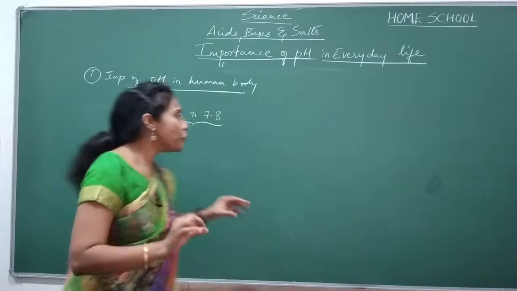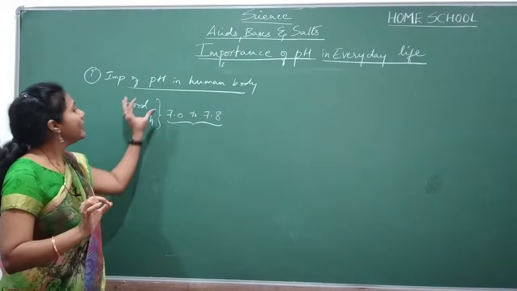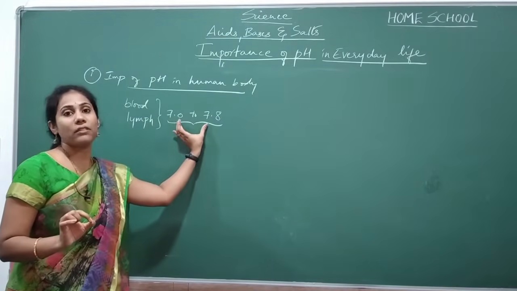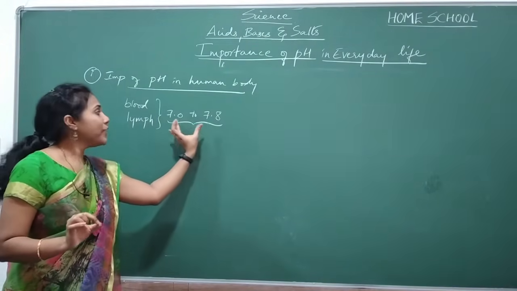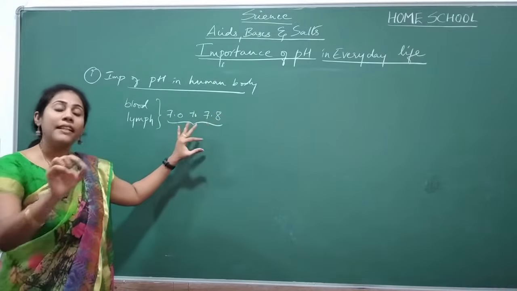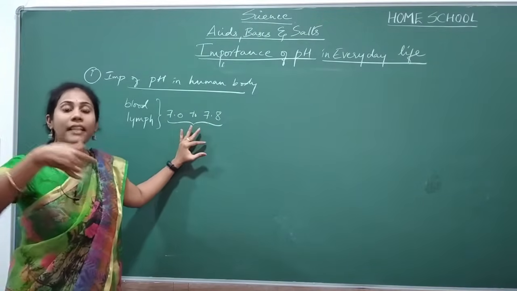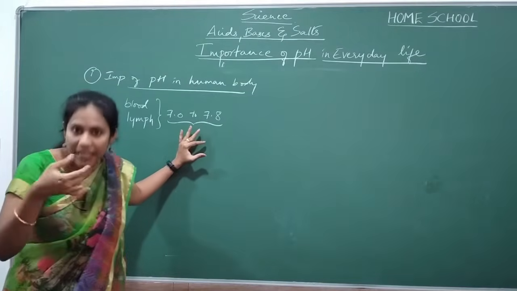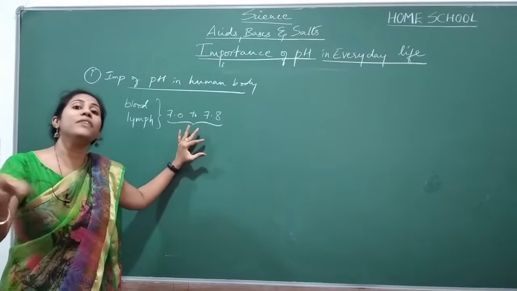Got to know? So the pH of a liquid inside a human system should be maintained in this range. Remember this. If this range is disturbed, definitely the entire chemical reactions occurring every single second inside a human system will get disturbed.